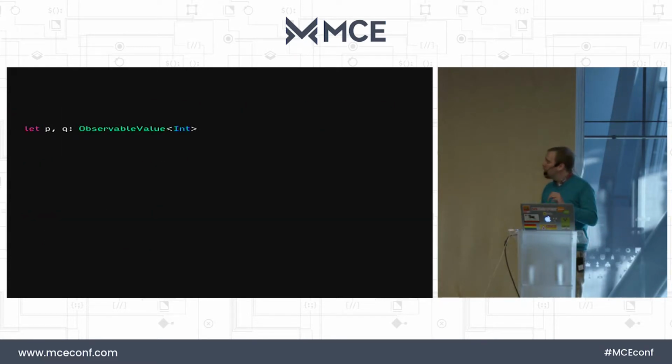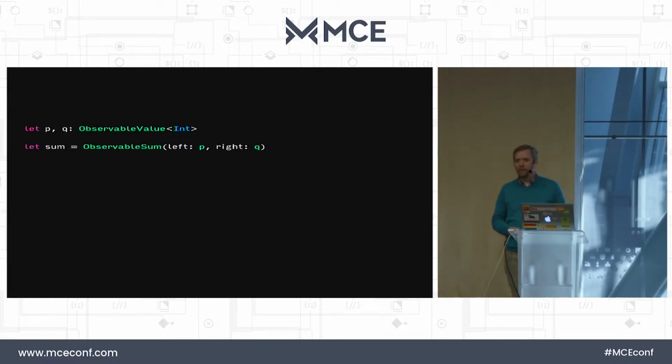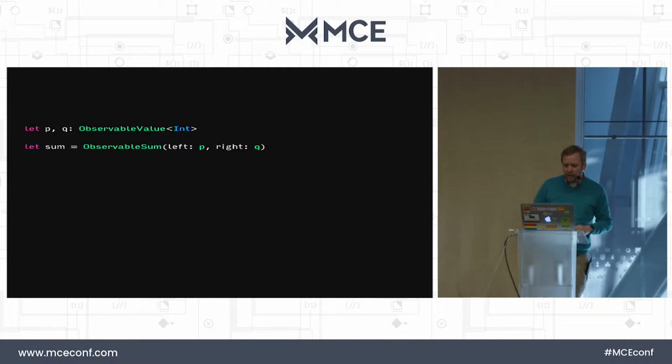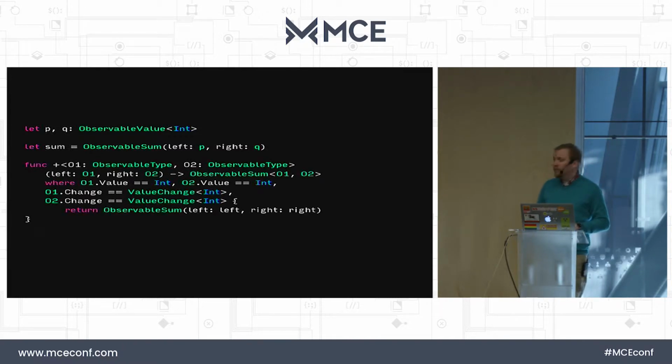Okay, so if we have two observable integers, we can create this observable sum construct by this syntax, but this isn't really what you want to do if you want to add two numbers together. So instead, let's create an overload for the plus operator. Everybody loves that. And then from then on, we can just use the plus sign to add these things together.